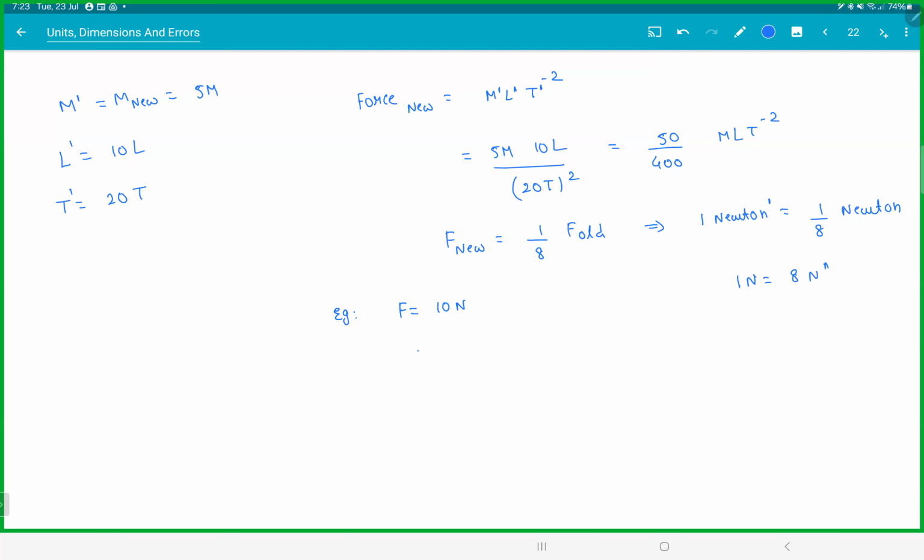So when you substitute this here, this is 10 into 8 N dash. So the relation between the old units and the new units: the force is represented in terms of new units as 80 Newton dash. Is this making sense?